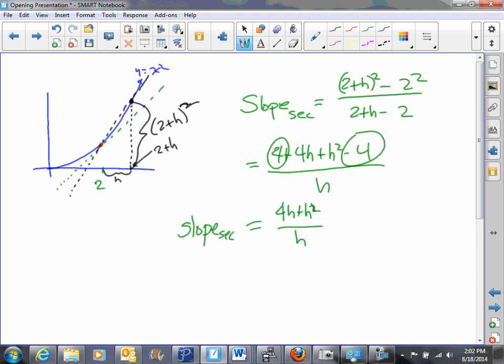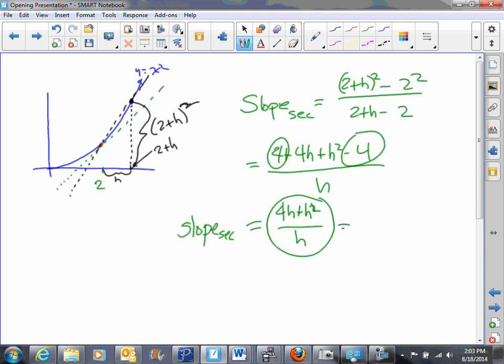Now, our problem is if we let this point, 2 plus h for x, get closer and closer to 2, when it's actually the same point, h becomes 0. And notice that this expression right here becomes 0 over 0 when h is 0.